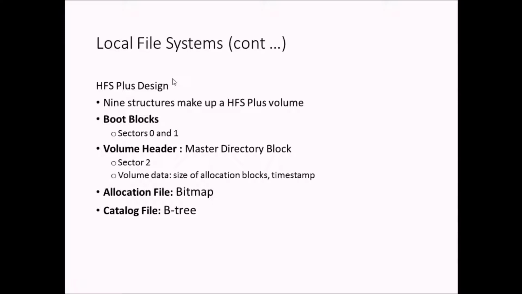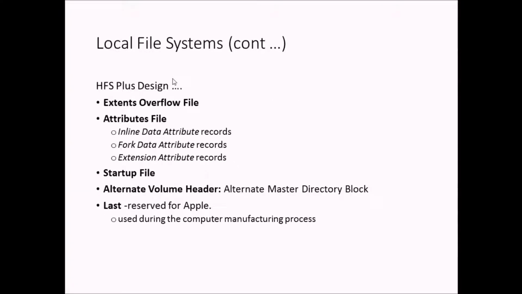It is sector 2 and holds volume data, the size of allocation blocks, and timestamps. Another is the allocation file, which uses a bitmap. Then there is the catalog file, a B-tree, and the extents overflow file, and the attributes file. The attributes file contains inline data attributes, fork data attributes, extension attribute records, and so on. Then the startup file, the alternate volume header, and the last one, which is reserved for Apple and used during the computer manufacturing process.